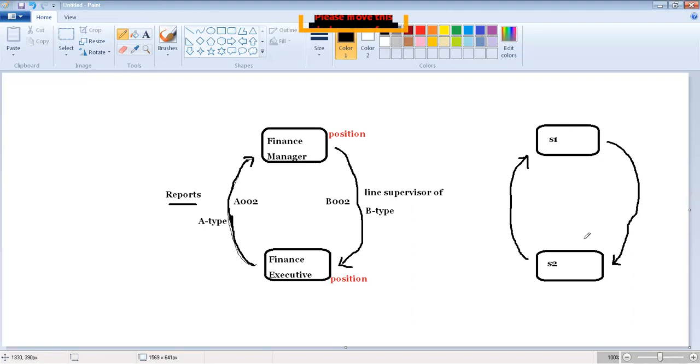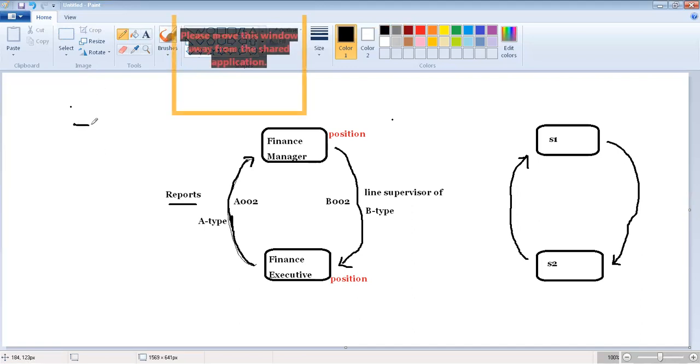That is why it is called a reciprocal relationship. In this case, I have taken the example of positions. I can also take the example of some other things, for example, a department and sub-department. The system behaves similarly.